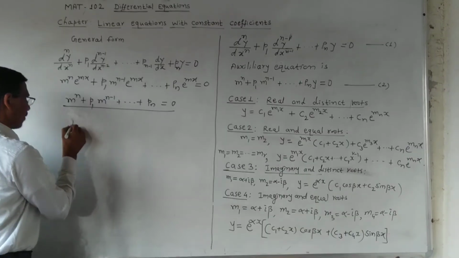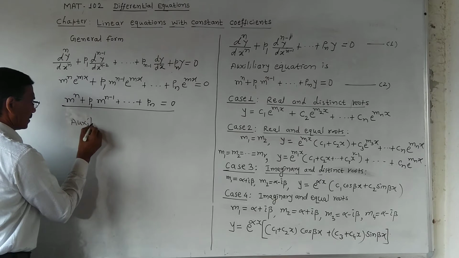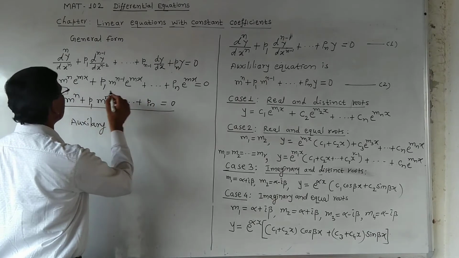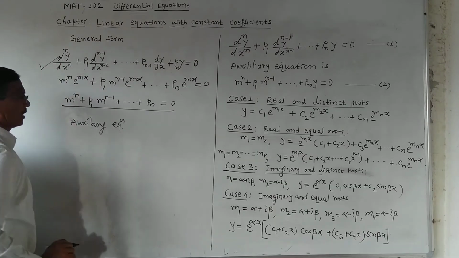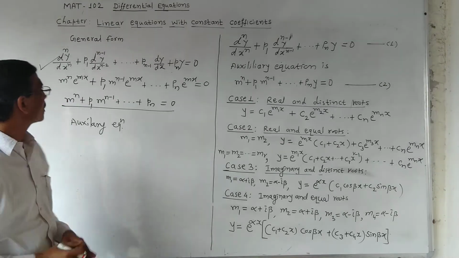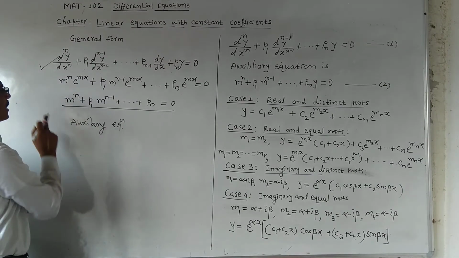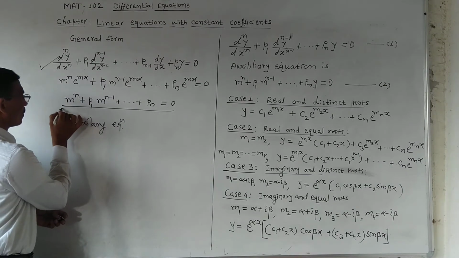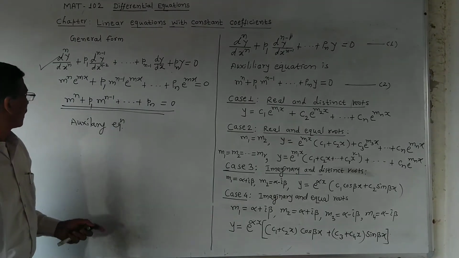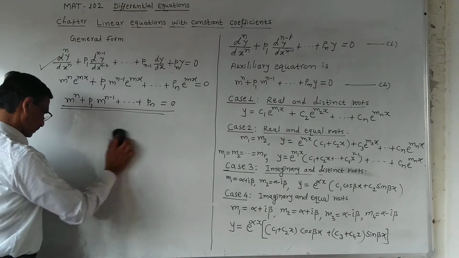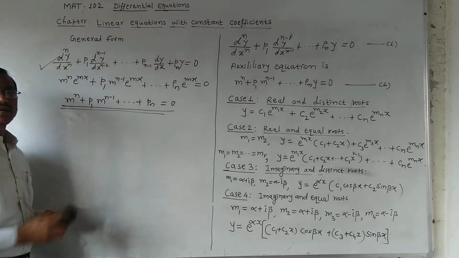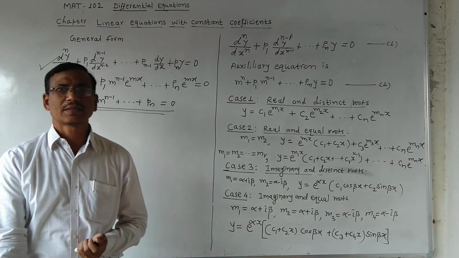We get this equation. Now this equation is called the auxiliary equation of the given differential equation. The solution of the given differential equation is dependent on the roots of this auxiliary equation. You can observe that this is an nth degree polynomial equation.